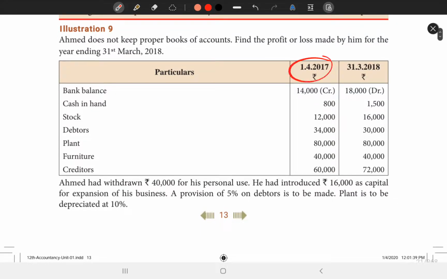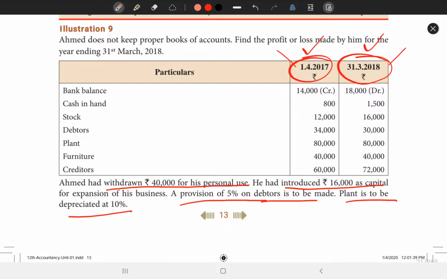So same as the previous problem, two periods are given, so we have to prepare two statements of affairs to find out opening capital and closing capital. The thing is, drawings are given and additional capital is given and provision for 5% on debtors and plant to be depreciated 10% is given.